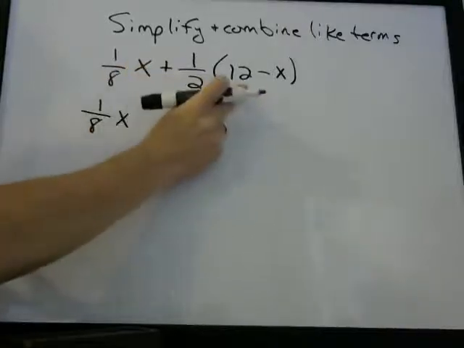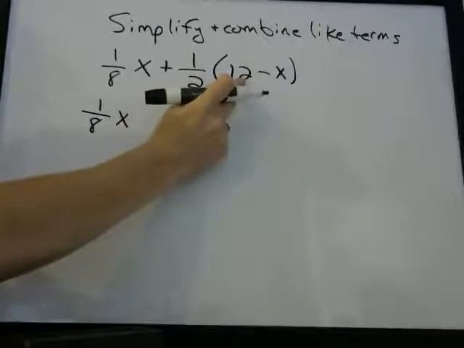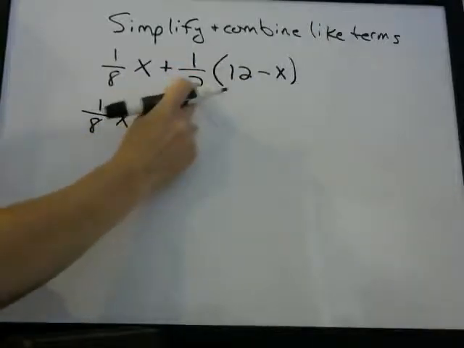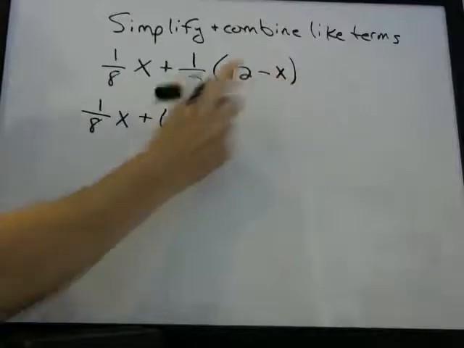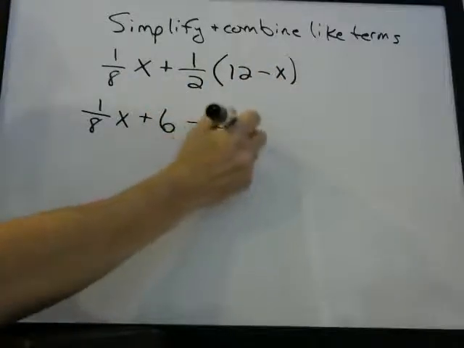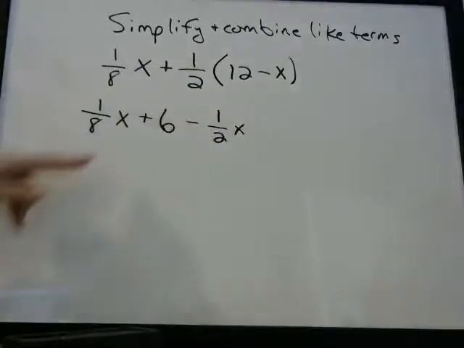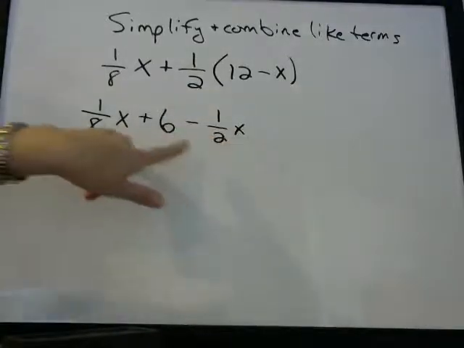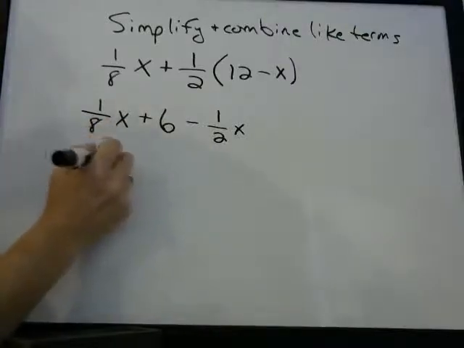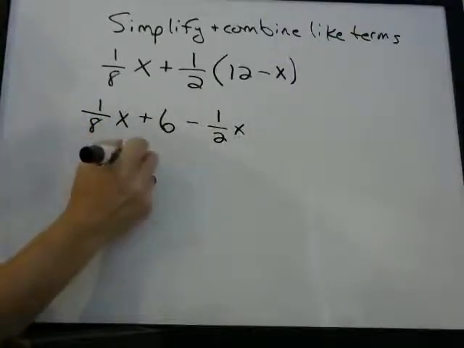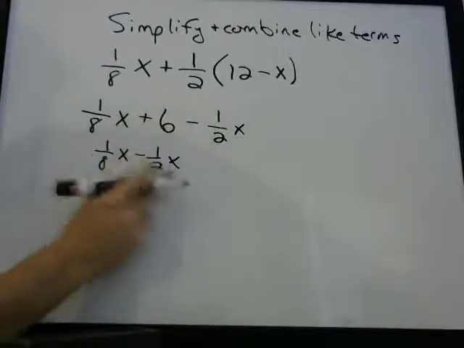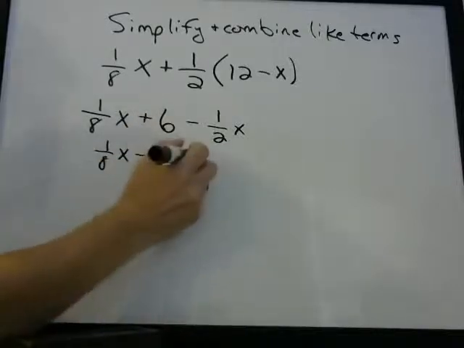Again, the distributive property: 1/2 times 12 is 6. 1/2 times negative x is negative 1/2 x. Now we have an x here and an x here, so we can combine these terms. We're going to look at 1/8 x minus 1/2 x. We're going to keep the 6, but we're just going to simplify this for now.